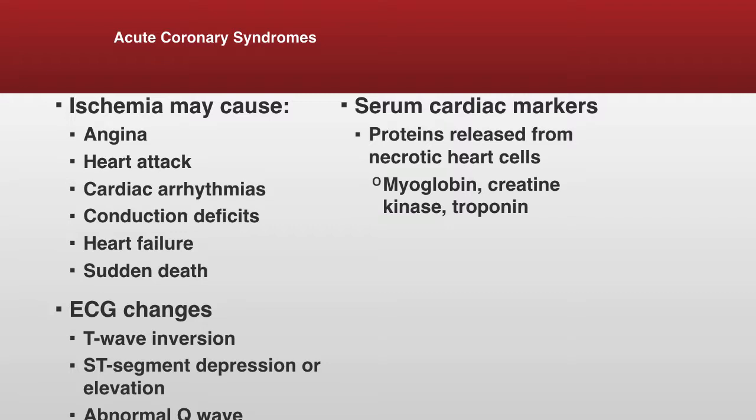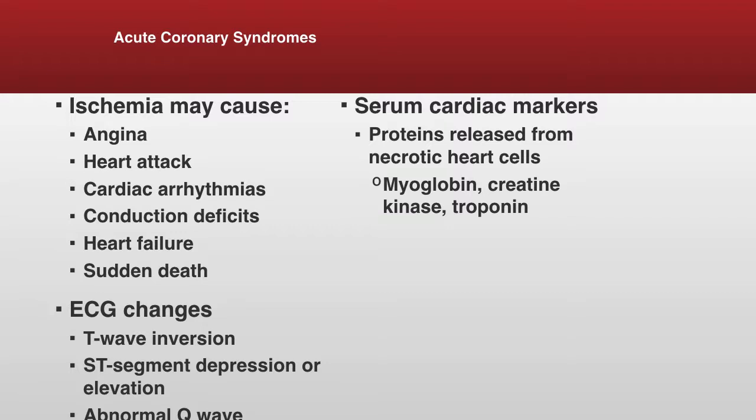The CKMB increases within 4 to 8 hours after injury, and it declines in 2 to 3 days. So it doesn't stay with the patient as long as the troponin levels do, and it shows up after the troponin levels do.